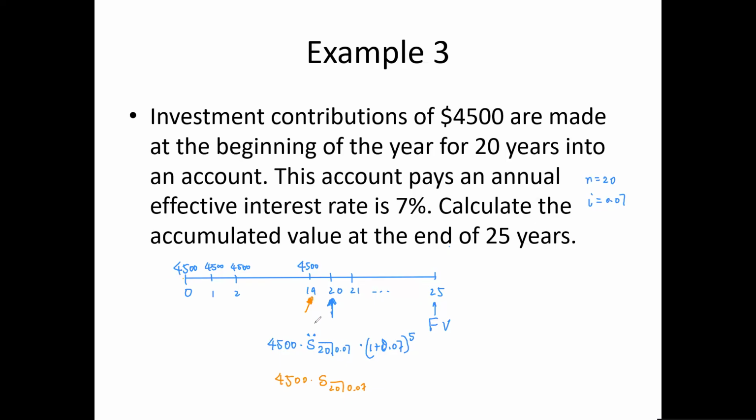That's fine. Now, this amount will accumulate to the end of the 25th year. So you need to multiply by 1.07 to the 6th, because that's 6 years, from the end of year 19 to the end of year 25. So obviously these two are the same, because this is basically this quantity times 1.07. So you have 5 here, you have 6 here.